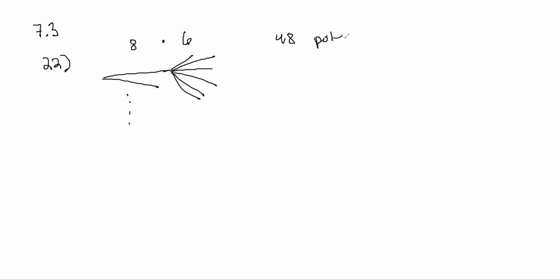So he's going to pick one of 8, and then he's got one of 6. So it's basically just going to be there are 48 different potential coverages. Okay.